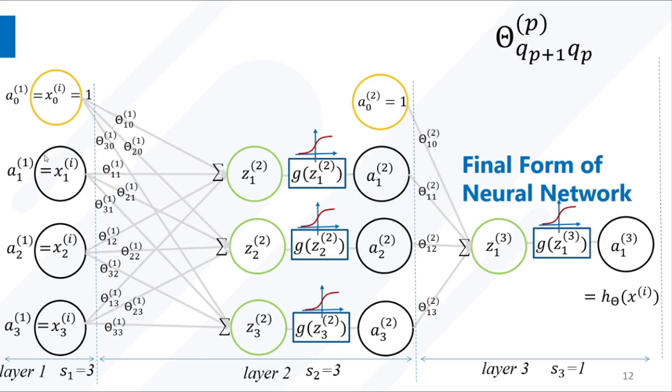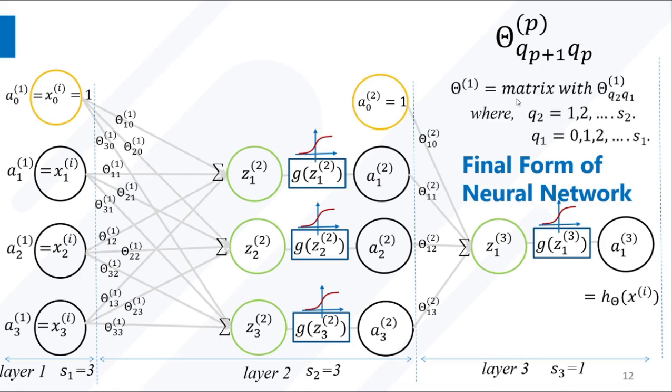So if you are given the different features of a certain example, the ith example, then you can proceed one step after another, and finally you get the A13, which is your H theta xi. If you notice the theta nomenclature, the theta 1 matrix, this theta is nothing but a matrix of the first layer.